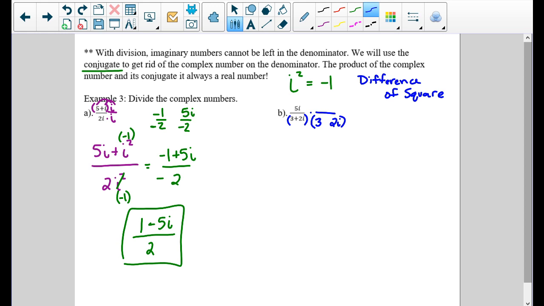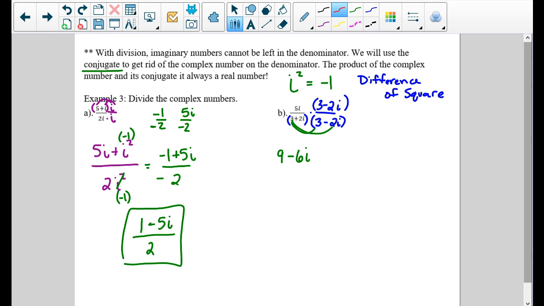So when I change that sign in the middle, we're going to do the long division here, and you don't have to do long division whenever you solve these. But I'm going to do it here so you see it if you don't remember the difference of squares part. So I'm going to multiply these together. 3 times 3 gives me 9. 3 times a -2i gives me a -6i.